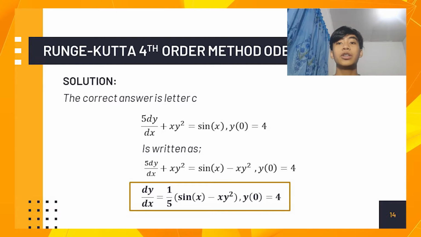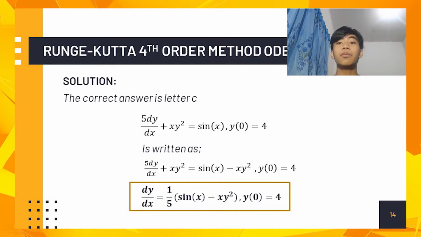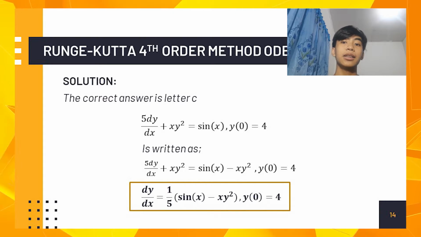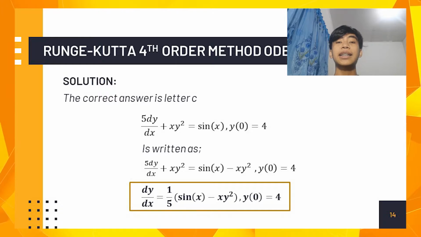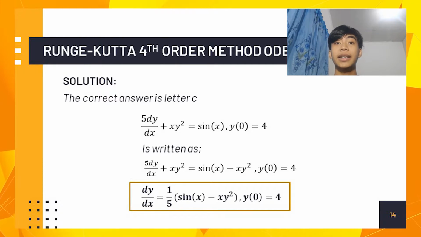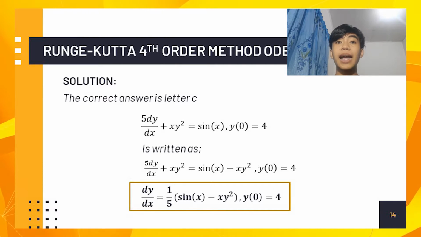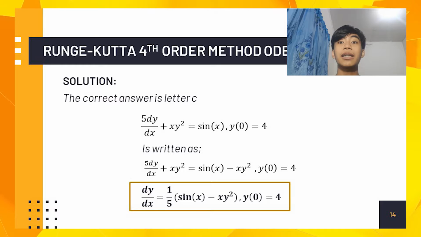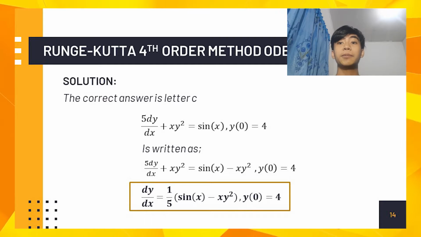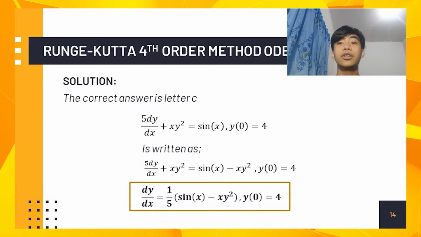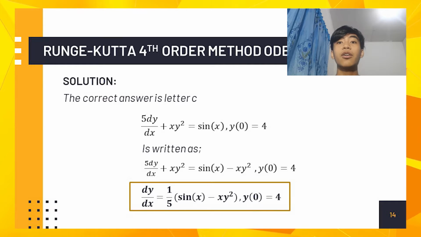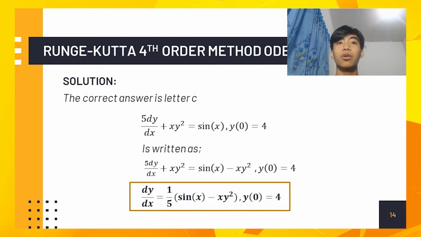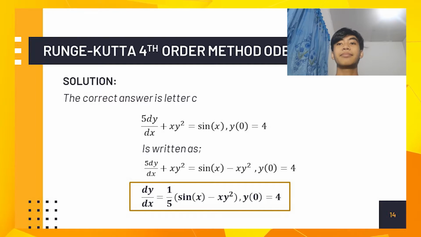After you subtract it, you're going to multiply by 1 over 5 on the left side and on the other side so we can cancel out the 5 and dy over dx. So we came up with the answer dy over dx is equal to 1 over 5 multiplied by sine x minus xy squared, where y of 0 is equal to 4. So the correct answer in number 1, Runge-Kutta fourth order method ODE, is letter C.